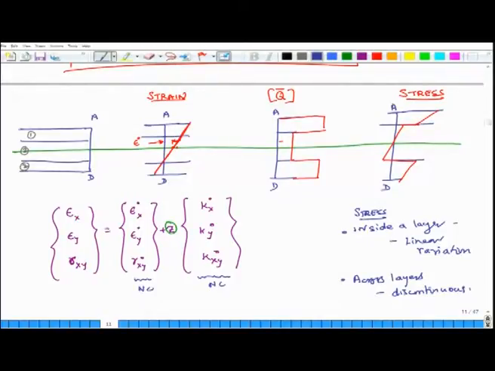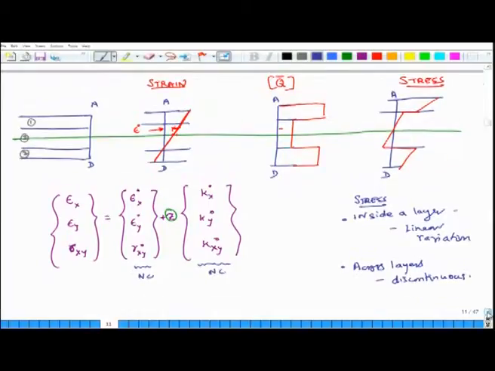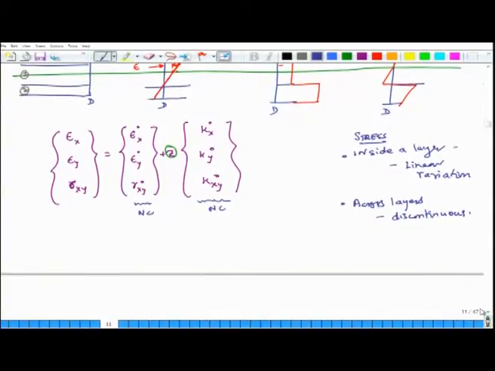Okay. Across layers it is discontinuous, within a layer it is changing linearly. Strain changes linearly over entire thickness.